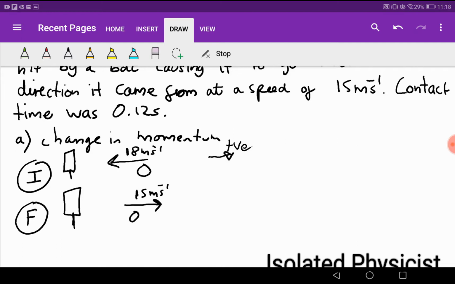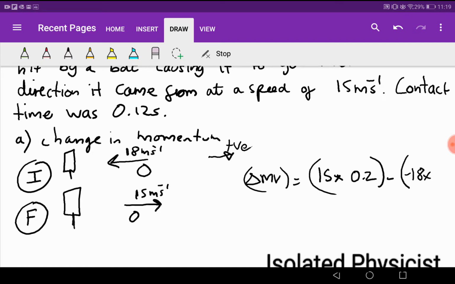So, change in momentum equals final minus initial. Well, my final momentum is just going to be 15 multiplied by the mass of the ball, so 0.2. Subtract the initial. Well, that's going to be minus 18 multiplied by 0.2.